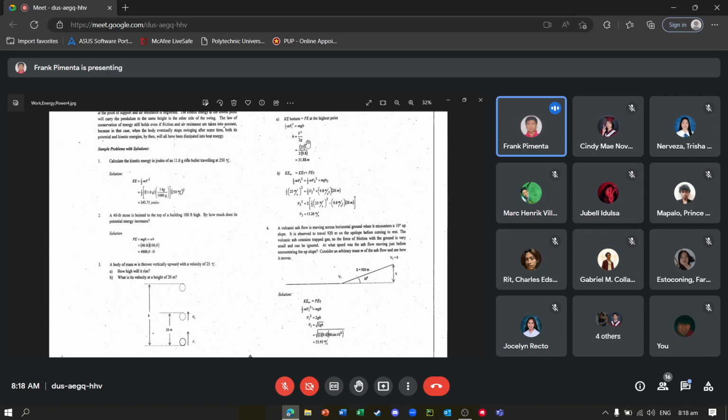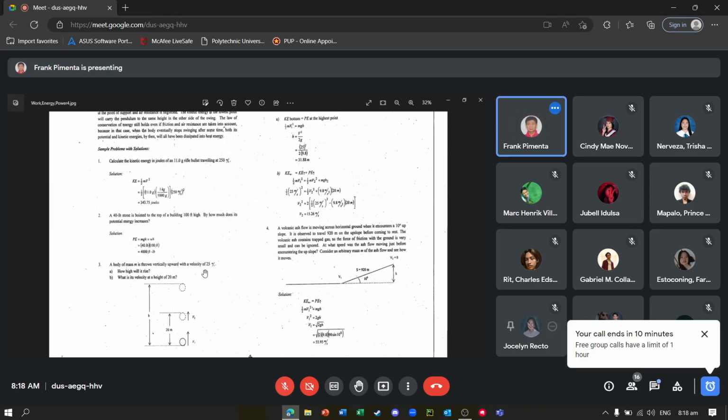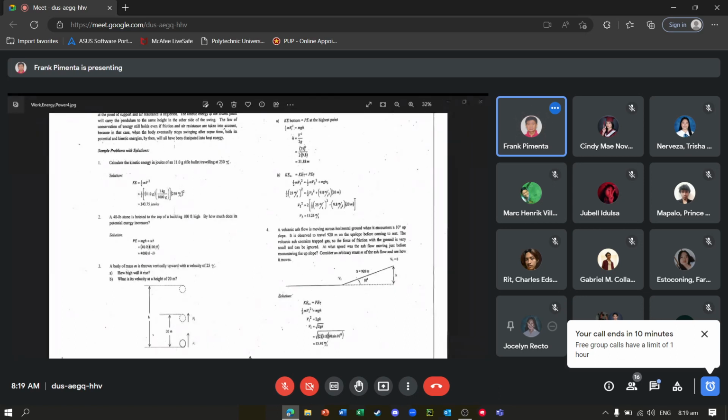Now, what value of g will we use? You go to the units. What system of units is used? Meter. So that means the system of units is MKS. Okay, we have 10 minutes.